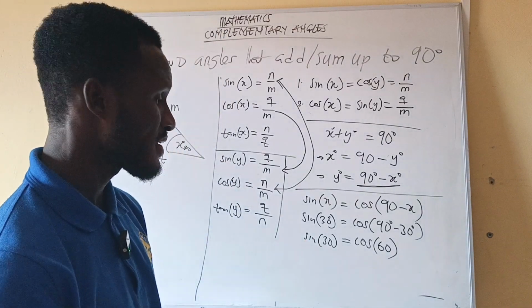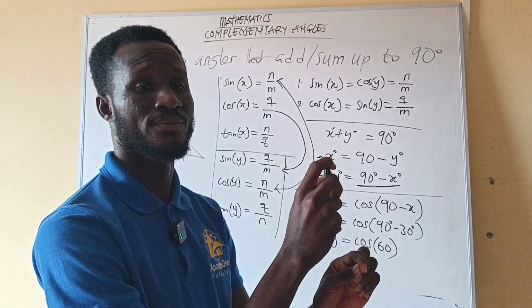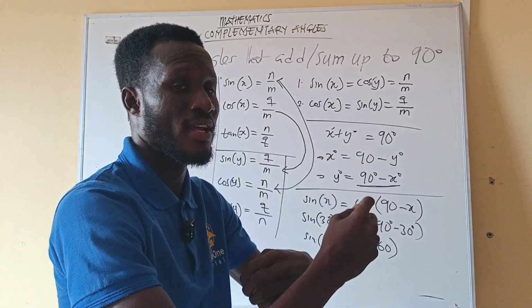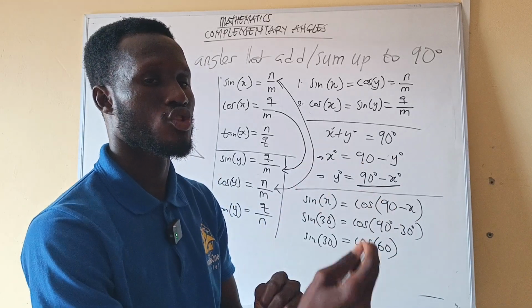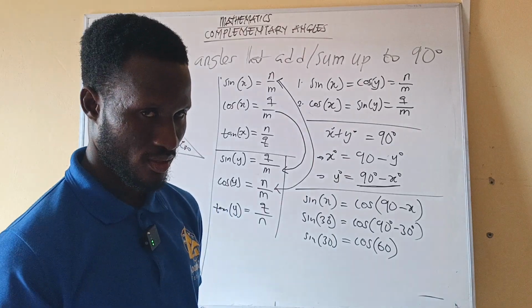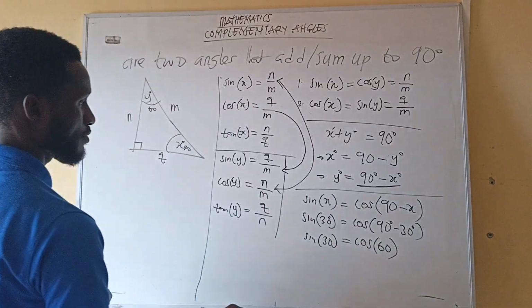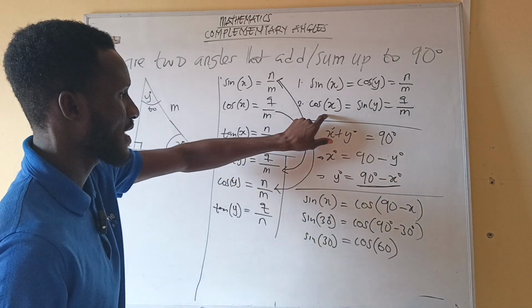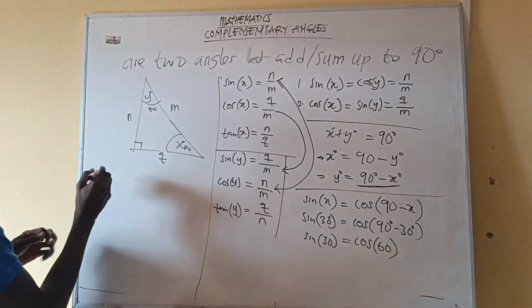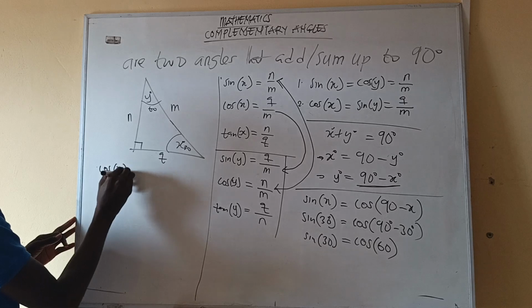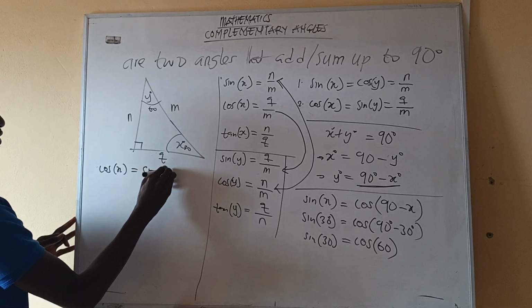Now this is what I want you to know. The moment I have sine of an angle, I can convert the sine to cosine by subtracting the angle from 90 degrees. Now the same way, if I consider the cosine, don't forget the cosine of x is the same as the sine of what?